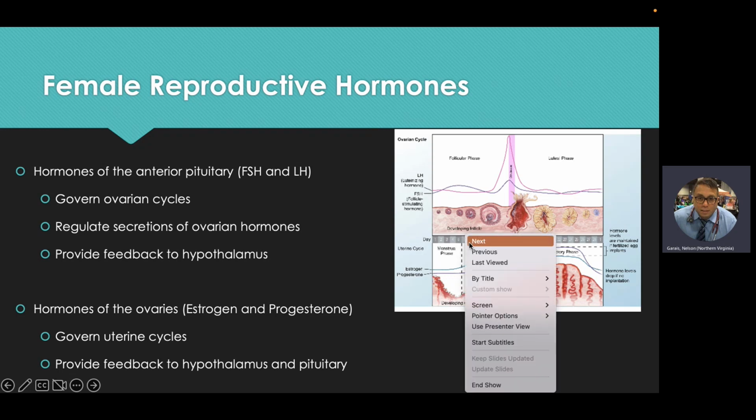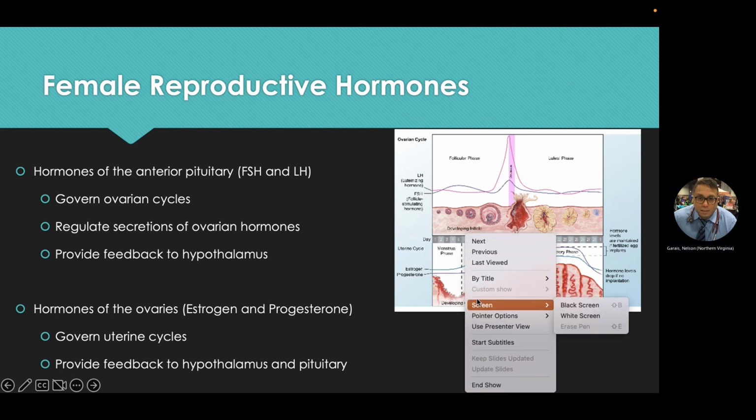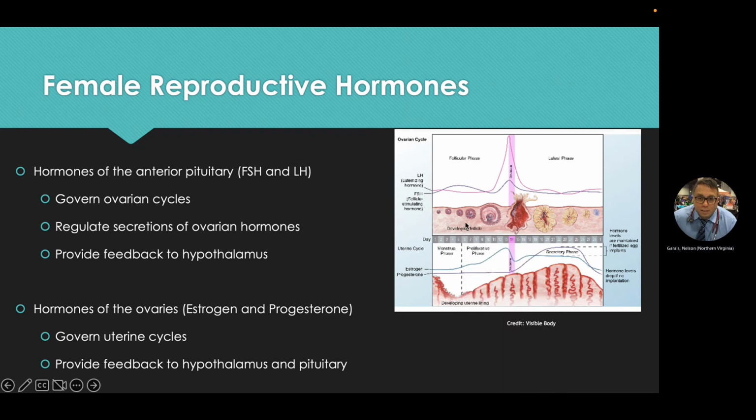This picture right here is really great. Look for the 28-day cycle. In the middle is ovulation. See this pink line? That's day 14. First part, follicular phase. Second part, luteal phase. In the first part, the ovum is growing.